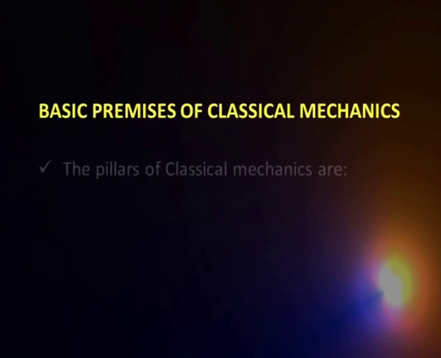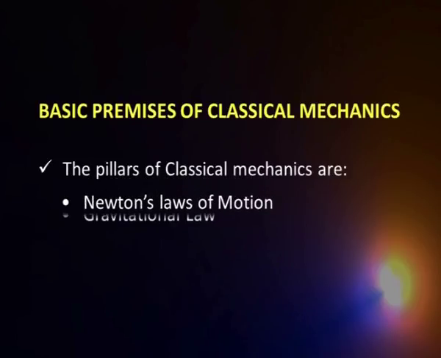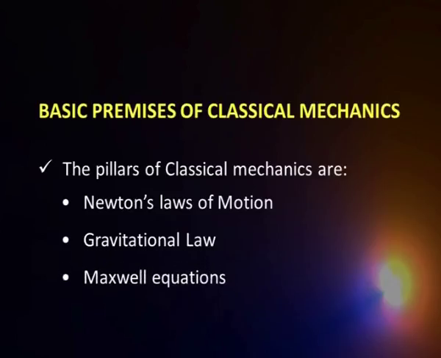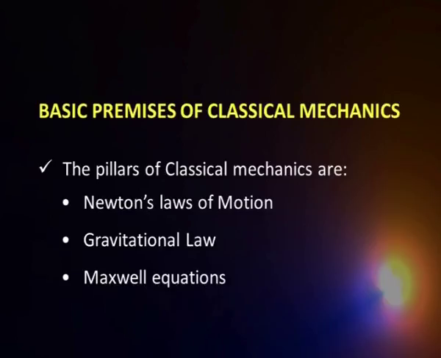So, we see things in the macroscopic world, and all those observations have been formulated in terms of certain laws. The 3 basic pillars of classical mechanics are Newton's laws of motion, the gravitational law and Maxwell's equations. These 3 put together put classical mechanics on a very strong foundation, and on the basis of these, practically most of the things we know of in the macroscopic world could be explained.